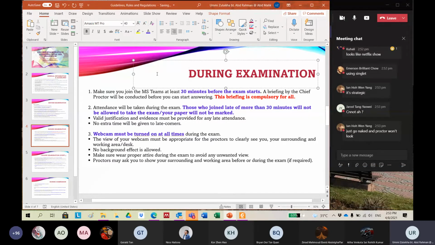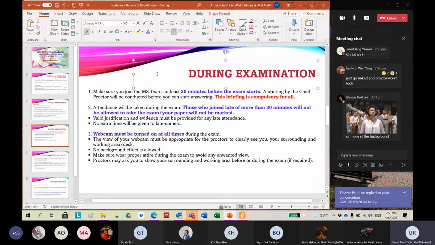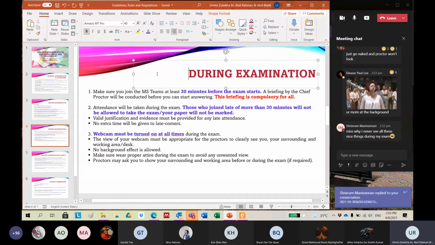Proctors may also ask you to show your surrounding and working area before or during the exam if required, because there will be only 15 or fewer of you. So maybe you need to show around before or during the exam. If the proctor senses something suspicious, like the student looks like he is talking or discussing with a friend opposite him, you may be asked by the proctors during the exam.